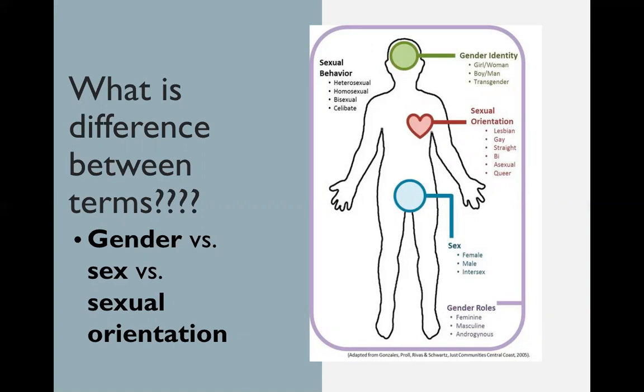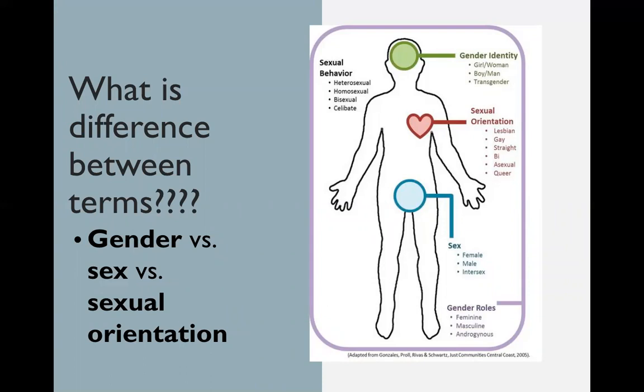And that's not, in fact, true. All of these terms have very precise and actual meanings, and they are not synonymous with one another. And so we're going to talk about gender and sex and sexual orientation.